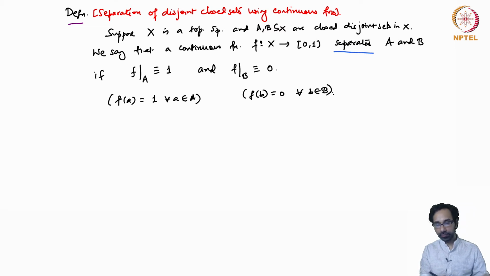So in this way we are separating these two disjoint closed sets A and B using this continuous function f. Now notice that this is a lemma.